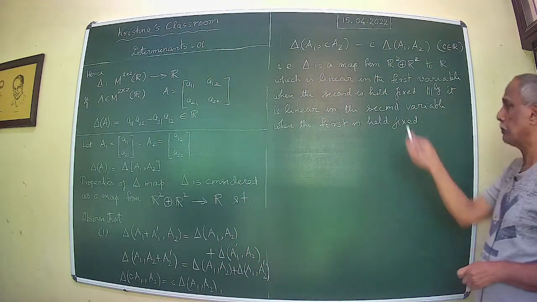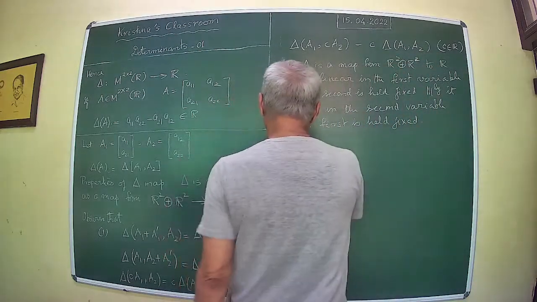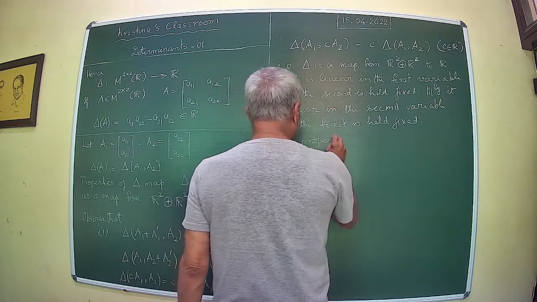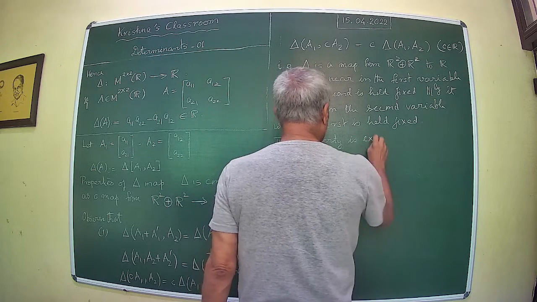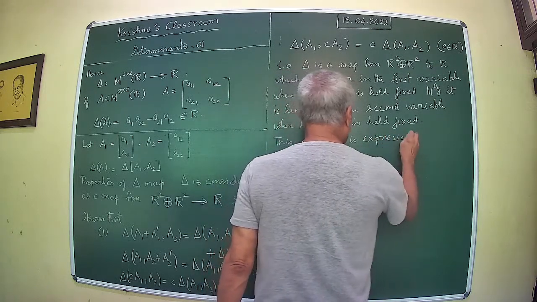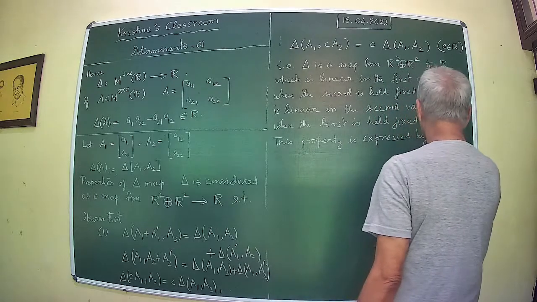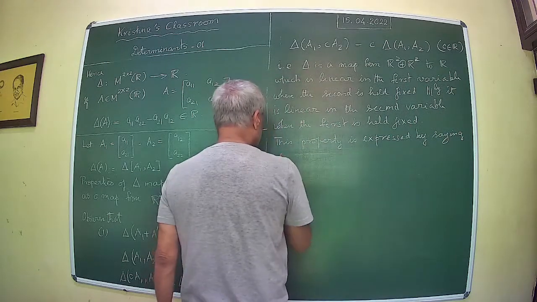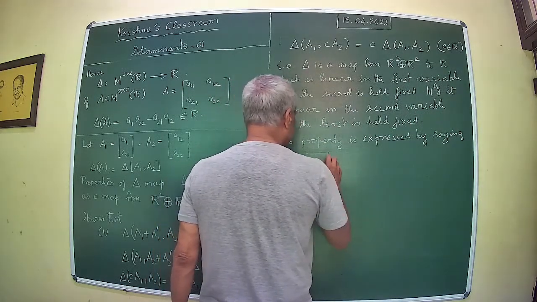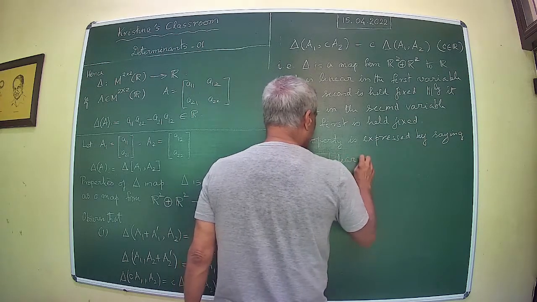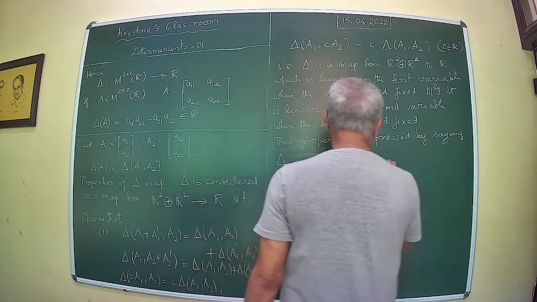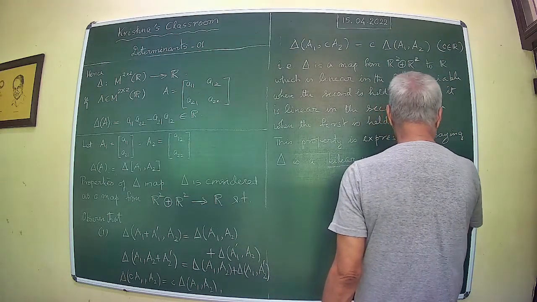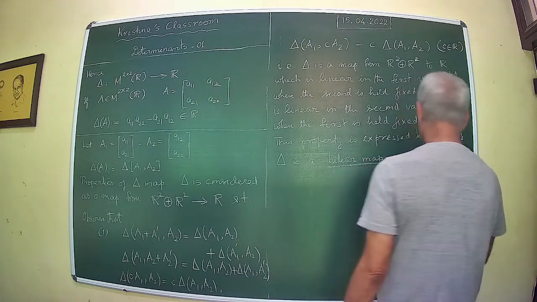Okay. Now this property is expressed by saying delta is a bilinear map on R2.